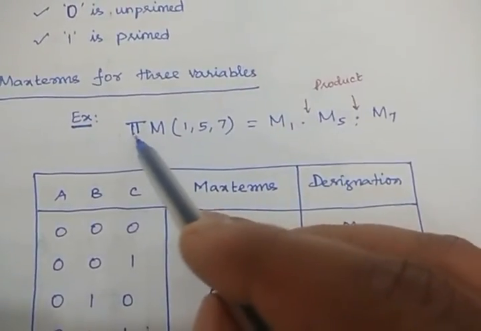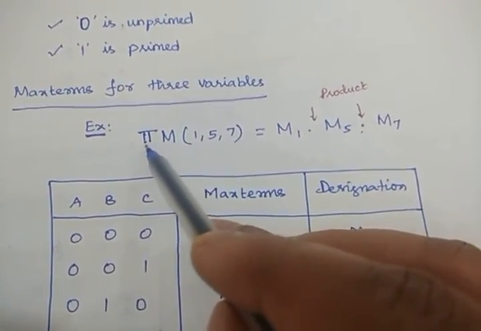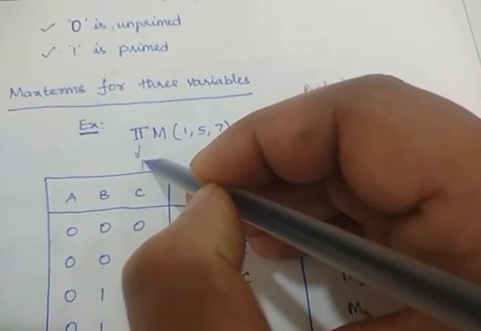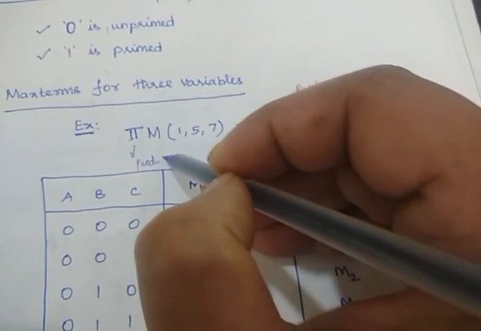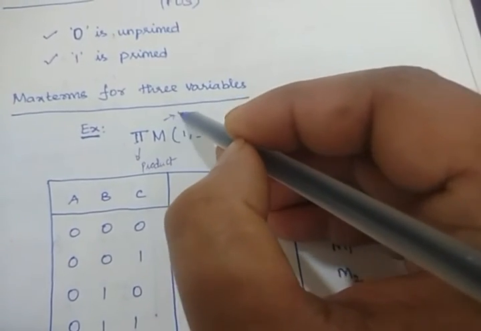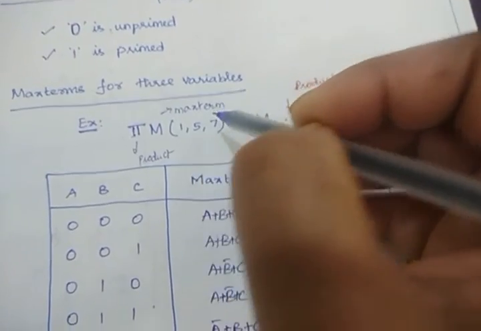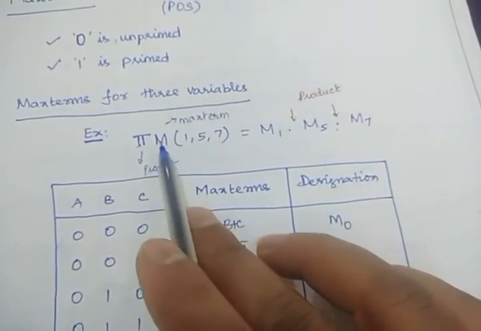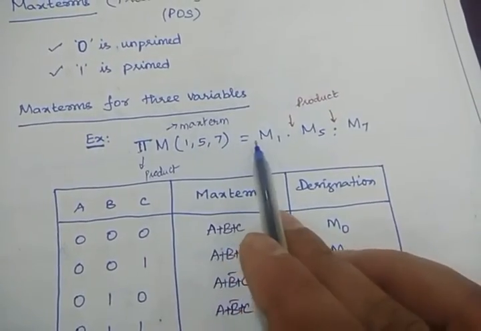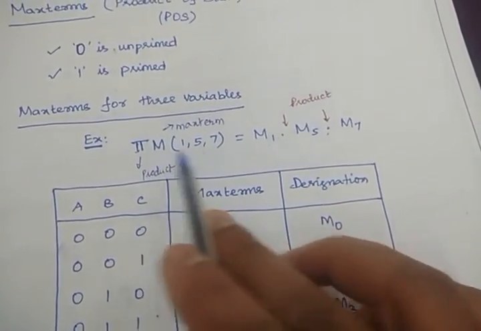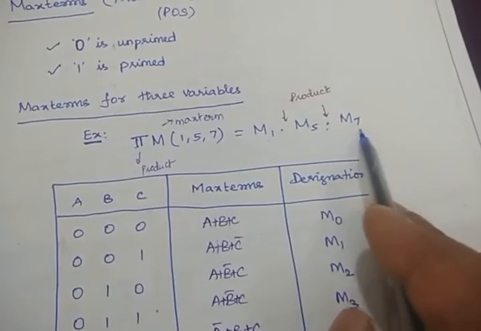And this symbol indicates product, and this indicates max term. Capital M means max term, small m means min term. So capital M1, M5, M7.